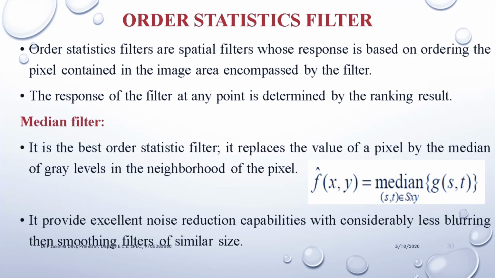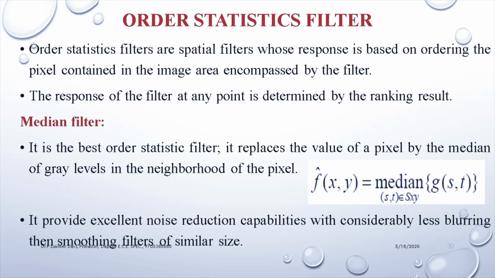After completion of the mean filters, other statistic filters are also there for minimizing this type of noise model. Let us see here. Order statistic filters are spatial filters whose response is based on ordering the pixels contained in the image area encompassed by the filter. The response of the filter at any point is determined by the ranking result.